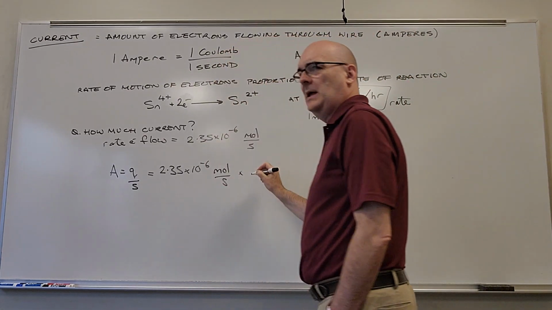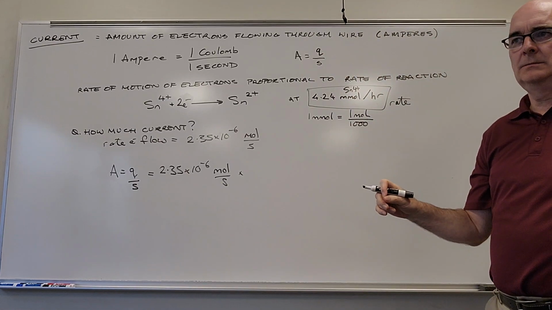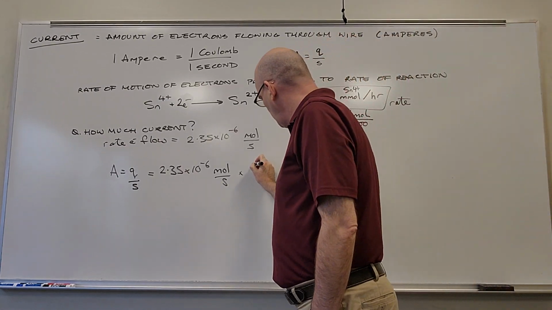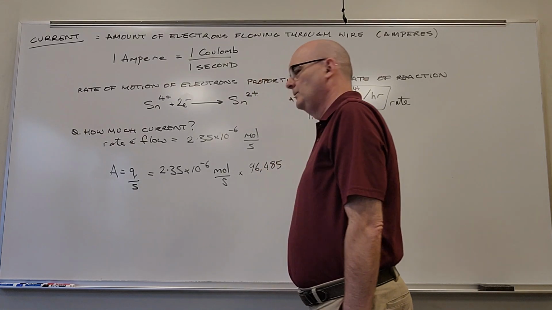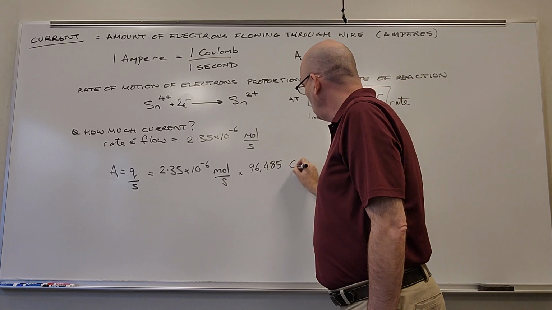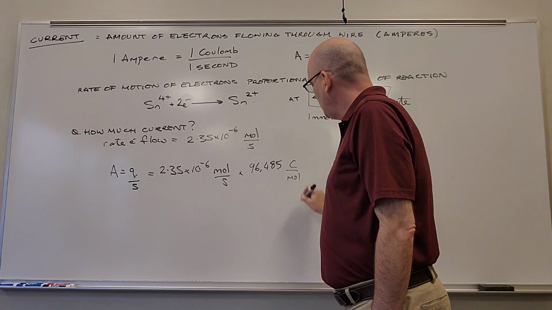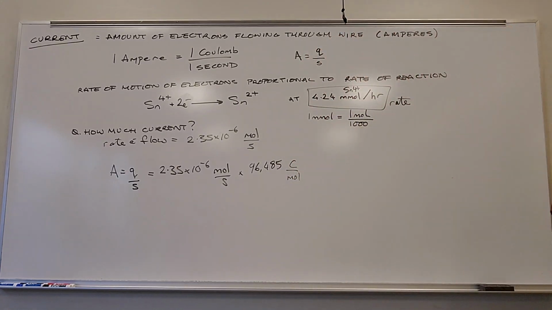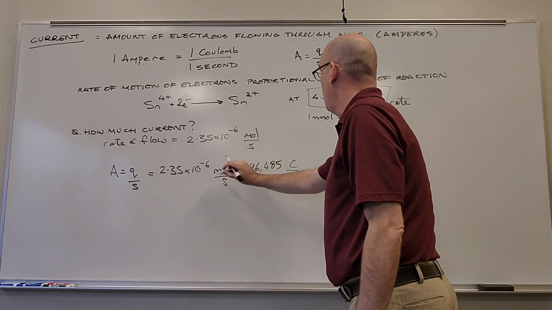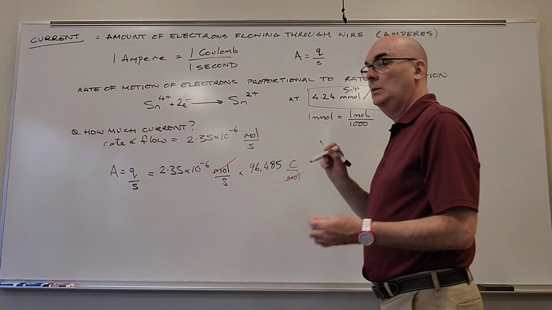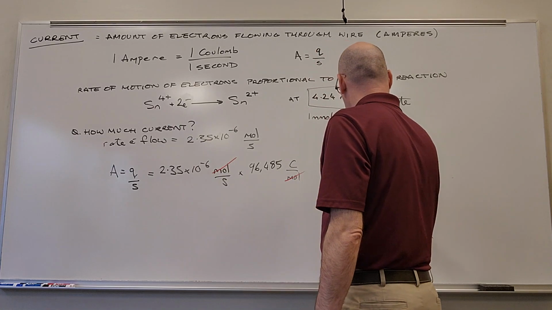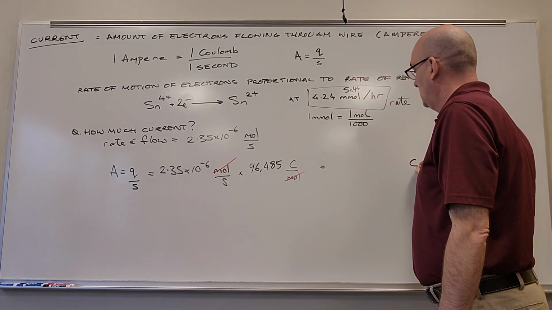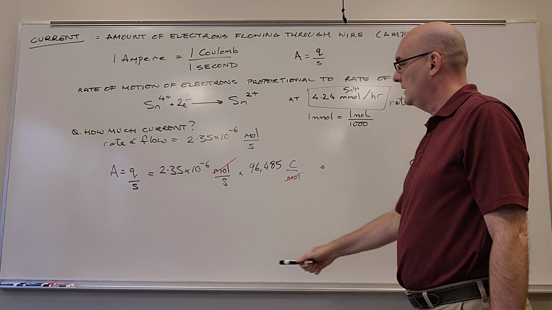And we're going to multiply that by Faraday's number, which is a big number, 96,485 coulombs per mole. And just like that, that mole and that per mole cancel each other out, and you have a number that is coulombs per second.